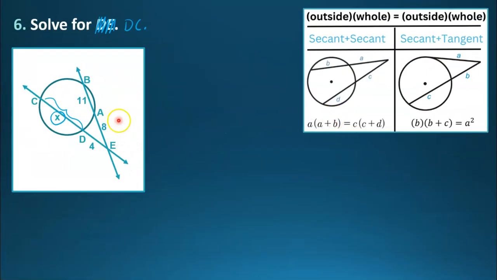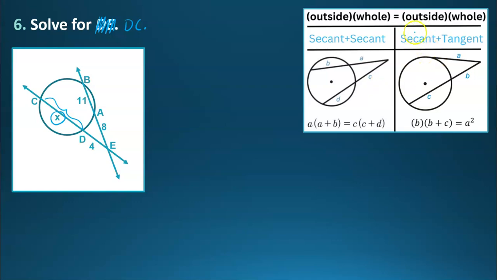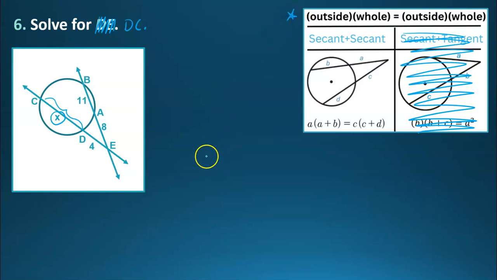All right, so in this case, first of all, let's look at what we have. We have 2 secant lines, slicing through the circle and intersecting at 1 point. It's the same formula, but let's ignore this so we don't get confused. We have 2 secants, so the main formula is right here. I like to say, ow, ow.